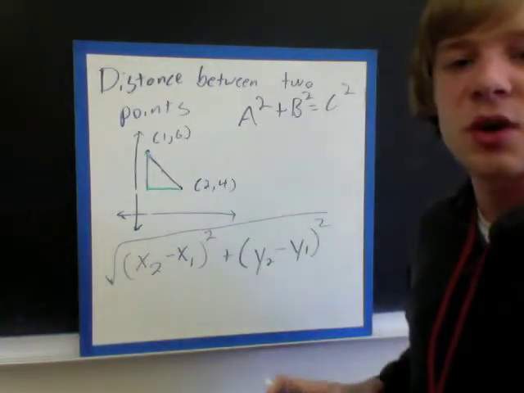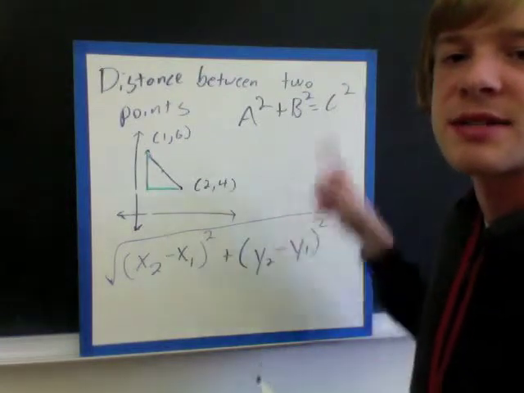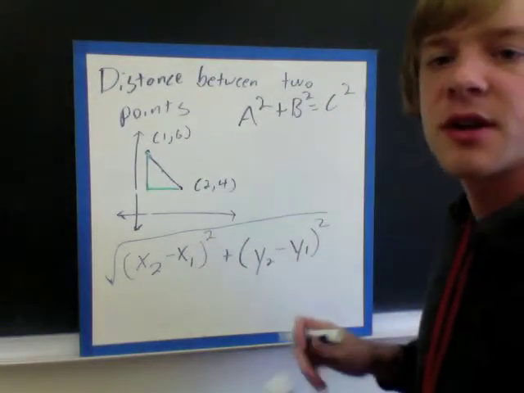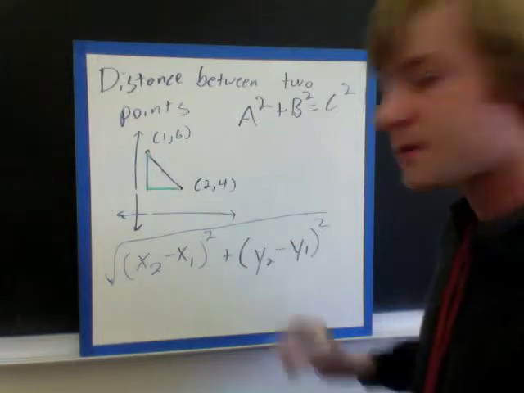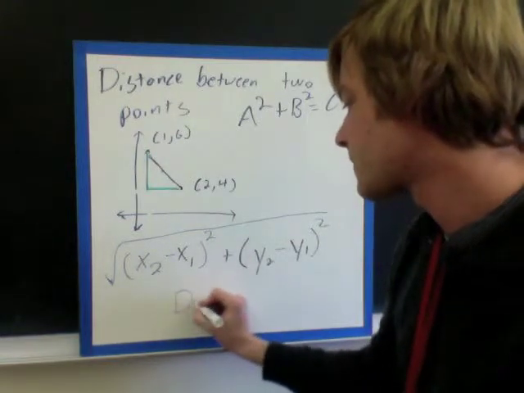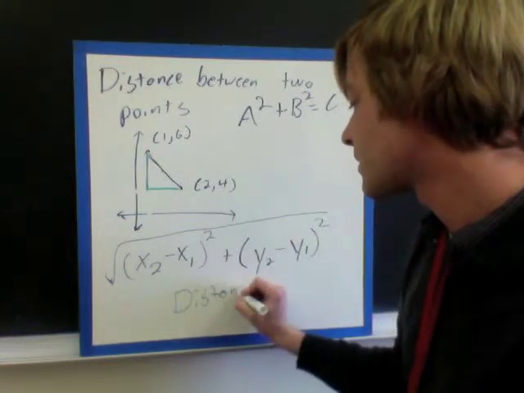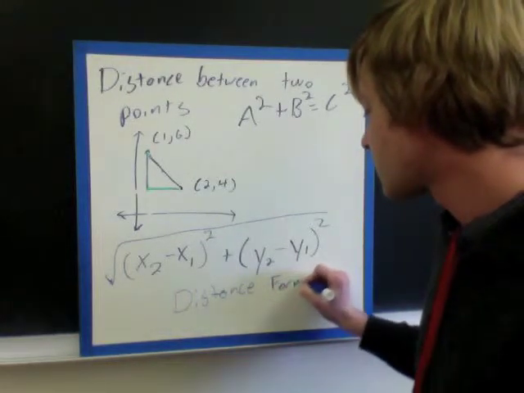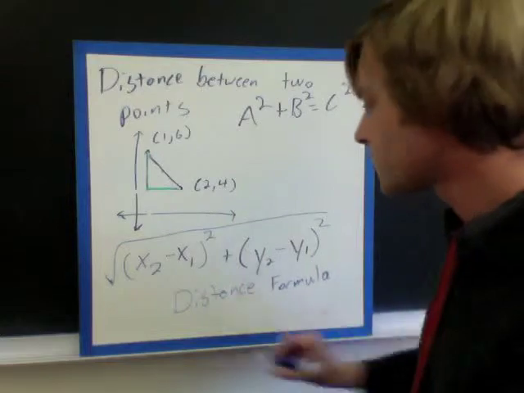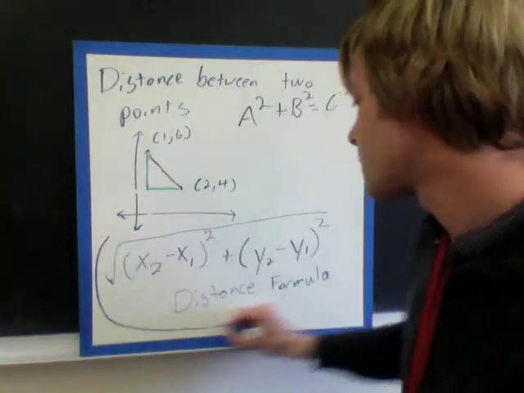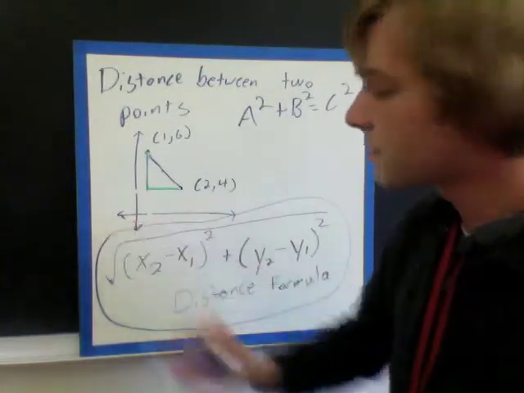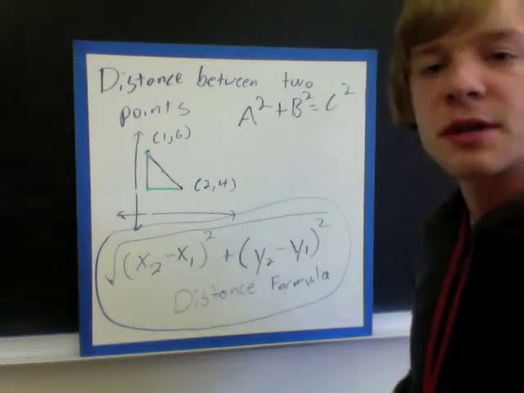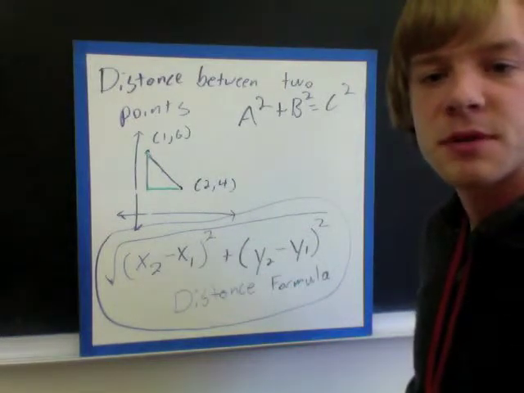We put this all inside of one square root. That's instead of having the c squared over here. This is our distance formula. This is what we're going to be using for these types of problems.